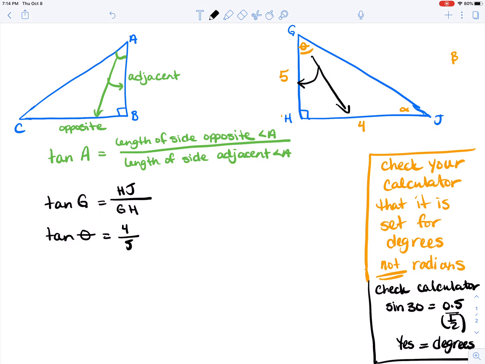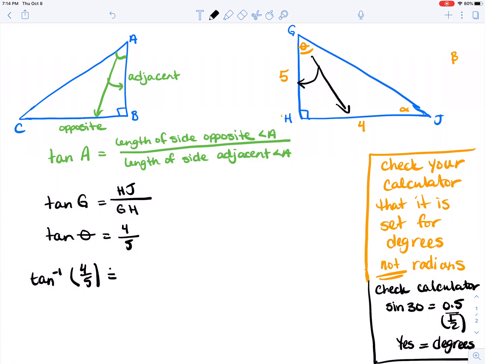Now, how, Miss Carla, do I put this in my calculator? To put it in your calculator, it's going to seem a little bit strange. You're actually going to hit the tan inverse button. It's usually in second mode on your calculator, and then put in 4/5 to find out what the angle is.